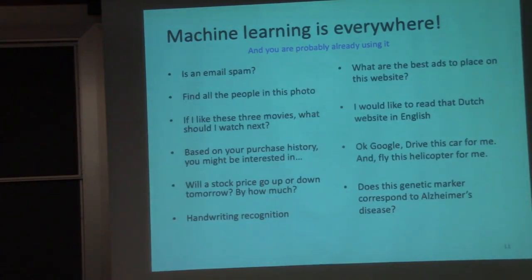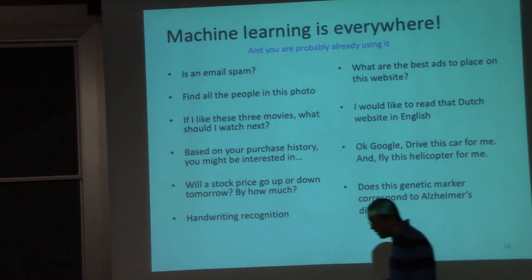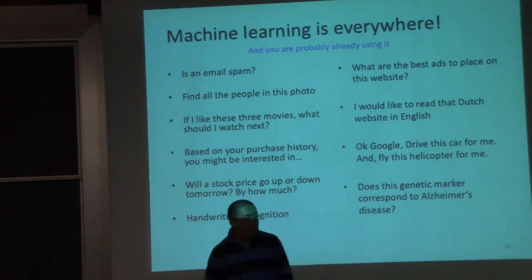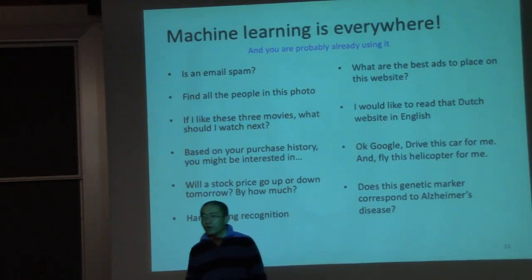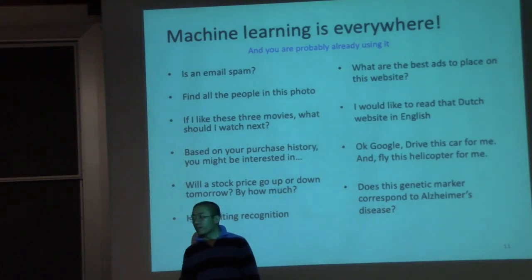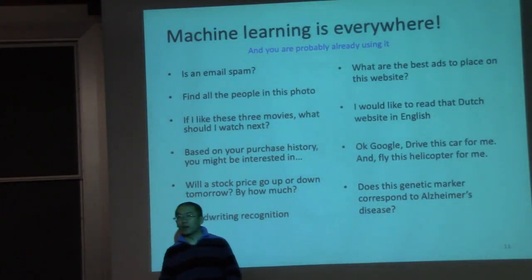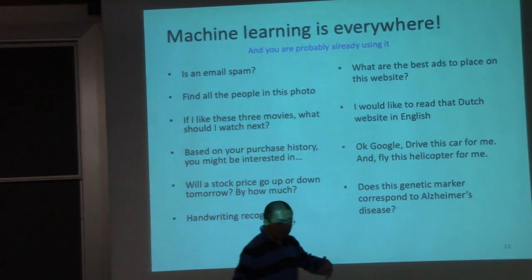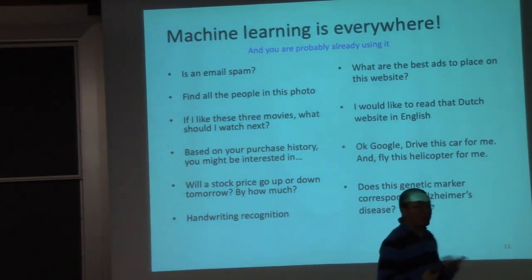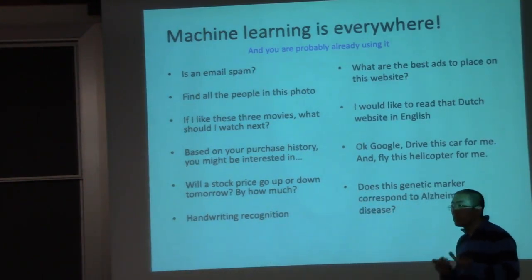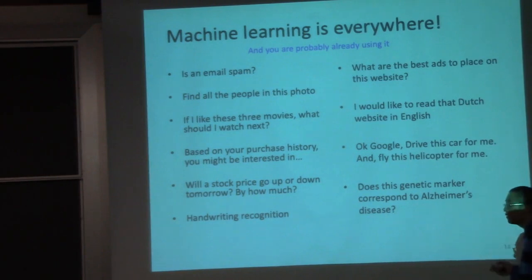And medical study. Machine learning algorithm models are extensively used to study disease mechanism, such as Alzheimer's disease. Given accumulated data from 2 decades to 3 decades, can we identify those genetic markers that correspond to Alzheimer's disease?